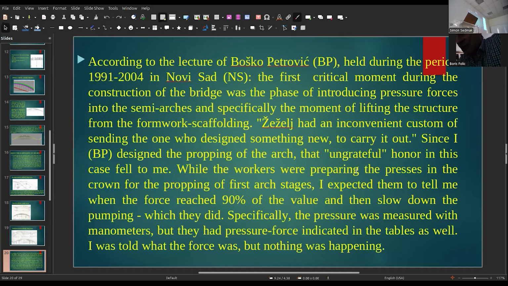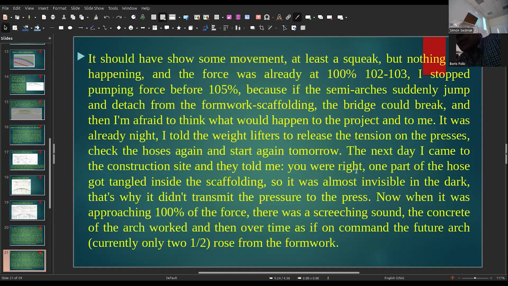Specifically, the pressure was measured with a manometer, but they also had the pressure force indicated in a table. I was told what the force was, but nothing was happening. I should have seen some movement and a last squeak, but nothing was happening, and the force was already 100, 102, 103%.